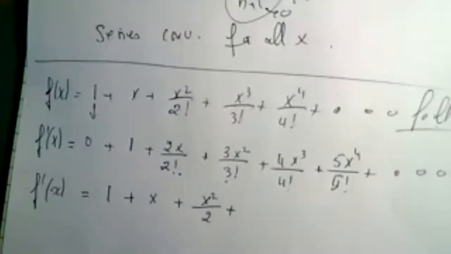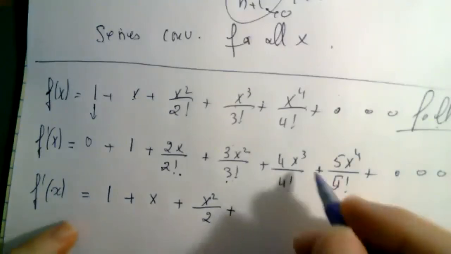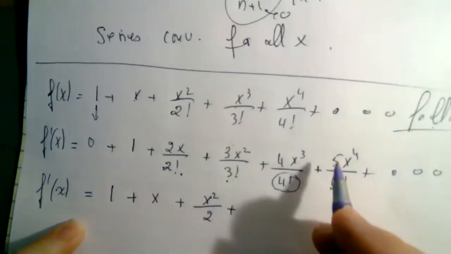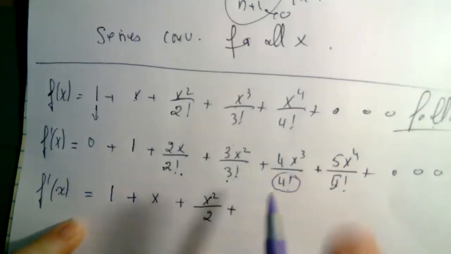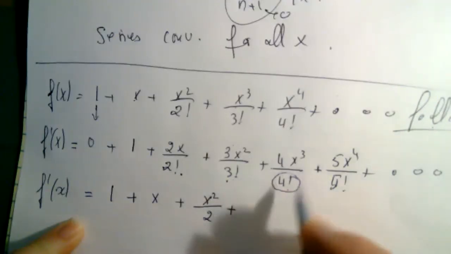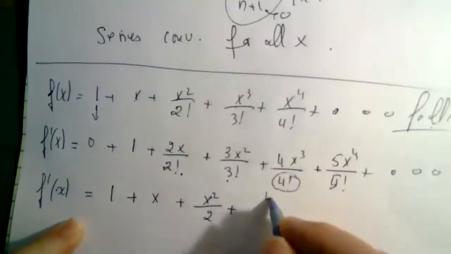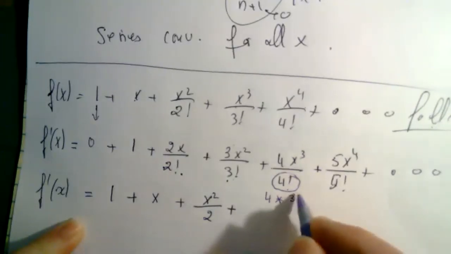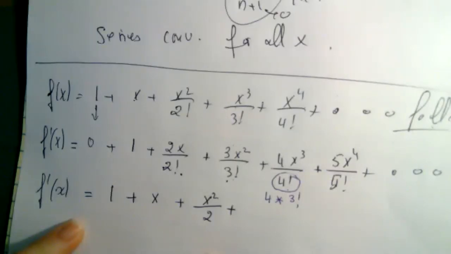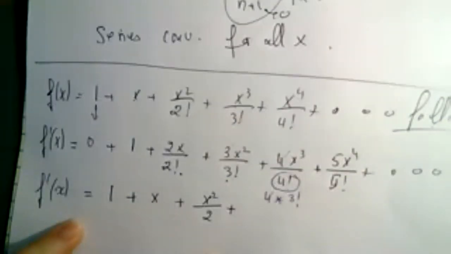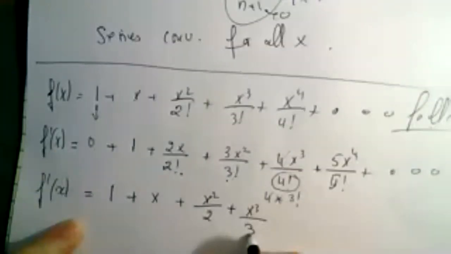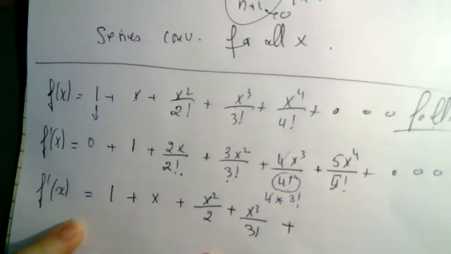It's going to give me x cubed over what? What's 4 factorial? You guys are correct, 6, but I'm going to write 6 in a different way. 4 factorial is 4 times 3 factorial. Am I correct? The 4 and 4 simplify. This is going to be x cubed over 3 factorial.